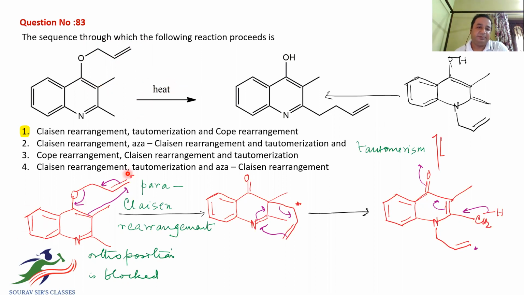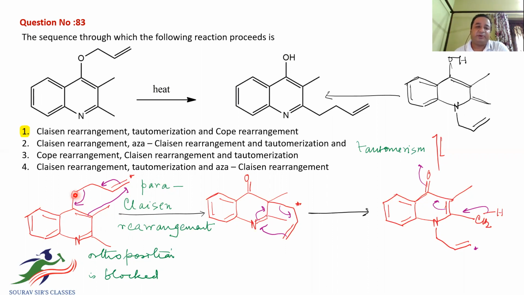Now, if you heat such a compound, then what happens, as you can see in the mechanism, is that it will undergo a 3,3 sigmatropic shift, okay? And this will undergo rearrangement. But since the ortho position is blocked, the group will come to the para position where there is a nitrogen, okay? So we will call this a para-Claisen rearrangement, all right?